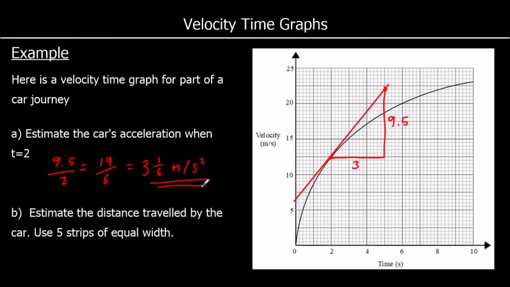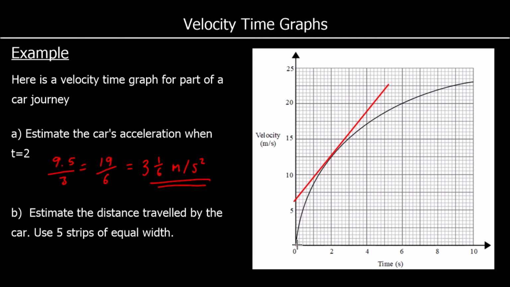Part B, estimate the distance traveled by the car. So that's the area under the graph. Use 5 strips of equal width. So I'm going to split this graph up into shapes that I can work out the area of. So I'm going to do 5 strips, so 0 to 2, 2 to 4, 4 to 6, 6 to 8, and 8 to 10.